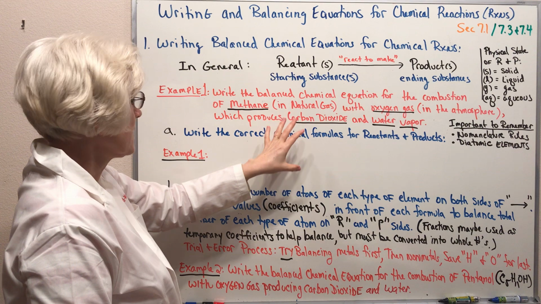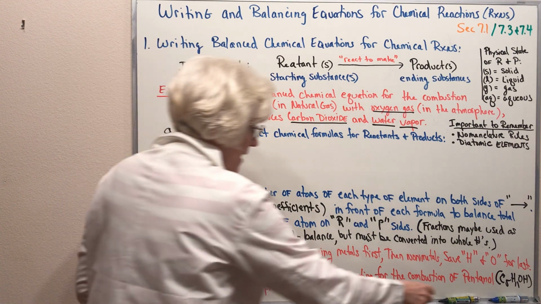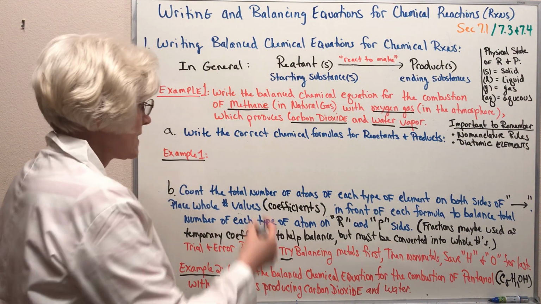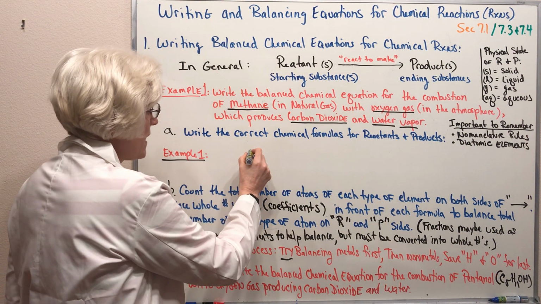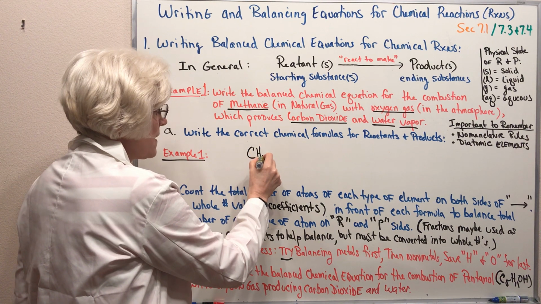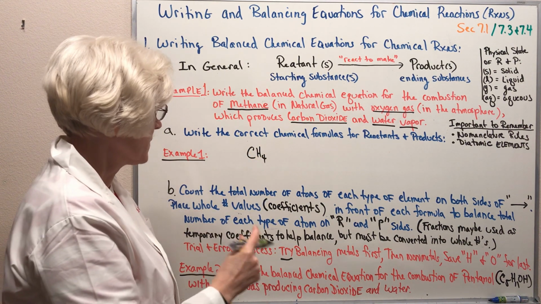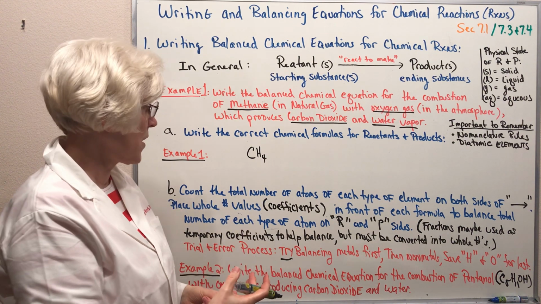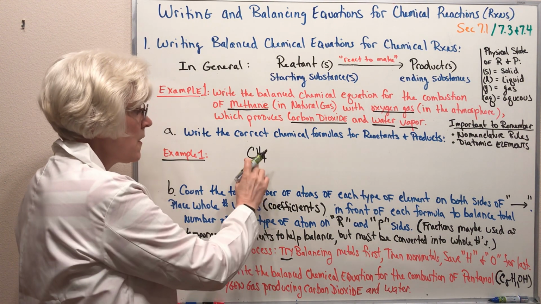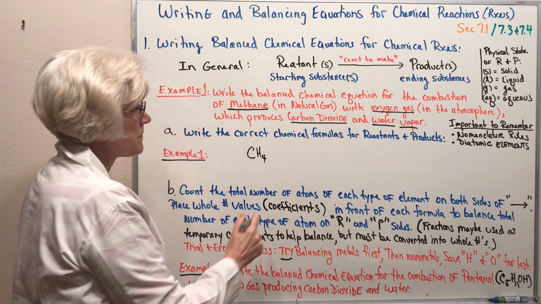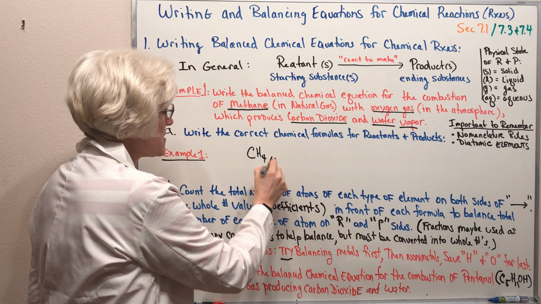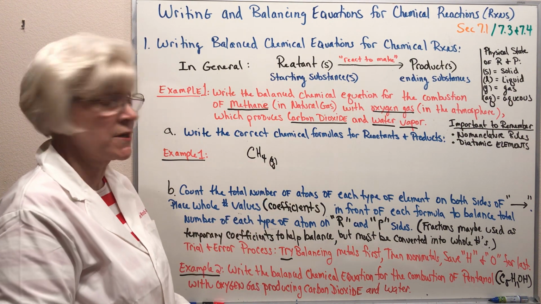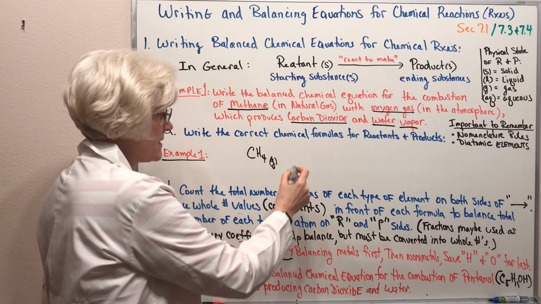Looking at this problem, I see that we have to write the chemical formulas for our first reactant, methane. Remember, methane is one of those names that is not systematic, but that you need to know the formula for, along with water and ammonia. The chemical formula for methane is CH4, and it is the major substance found in natural gas. So we'll put that little g subscript there indicating that it's in the gaseous state.